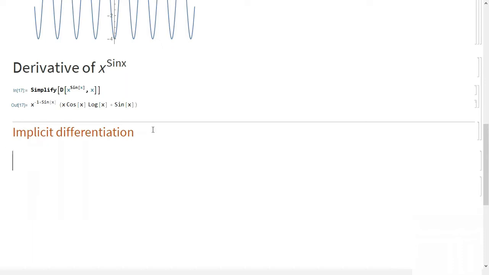Let's say you have an equation that tells you that x cube minus 5xy squared plus y cube plus 11 equals to 0.